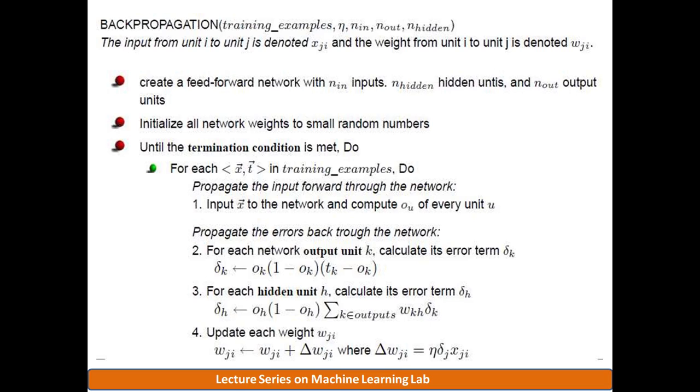Then next, this is at the output layer. Since we do not have the target output for the hidden layer, we take the error from the output units and multiply it with the weights of the edges connecting that node to the output units.